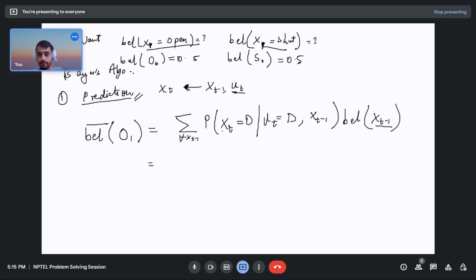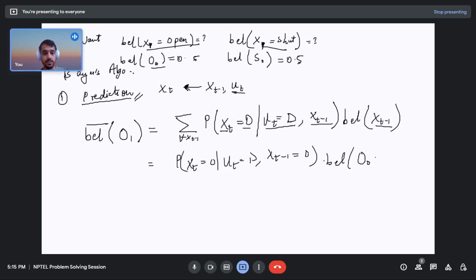So I want the probability that the door is open now when we did nothing and previously it was open, times the previous belief.